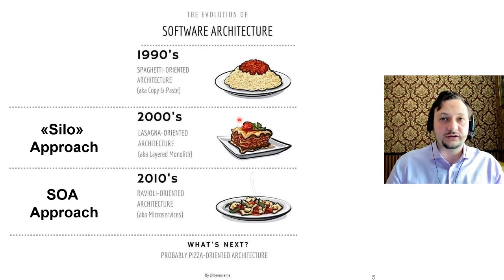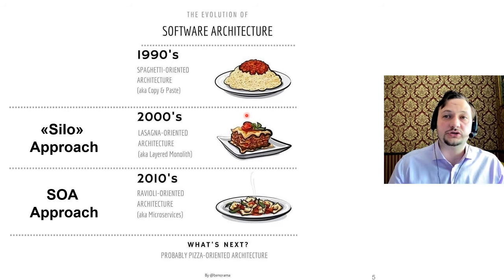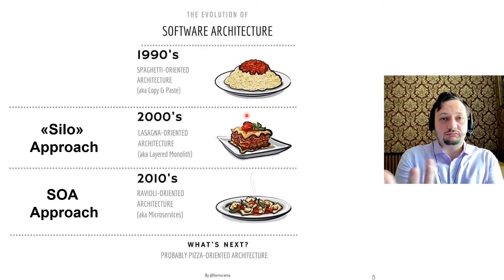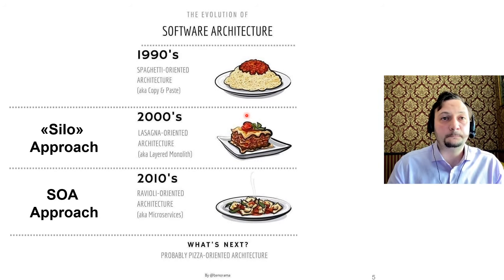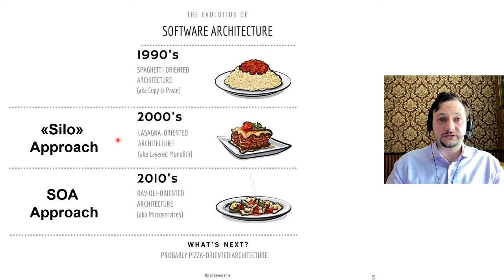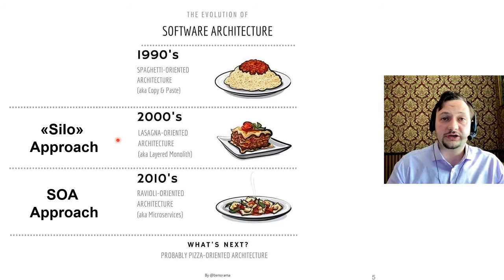You know, lasagna is a part of meat, a part of the intermediate part, and another. If you cut the lasagna, all the internals go outside. That is the silo approach, the monolithic approach, or the three-layered client-server architecture.